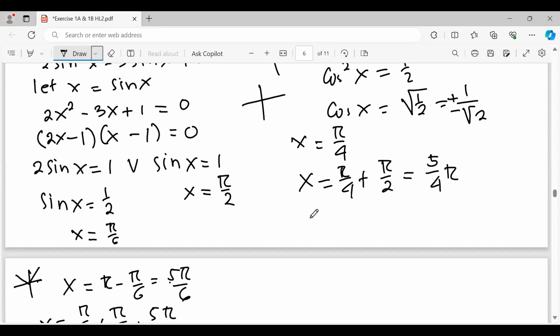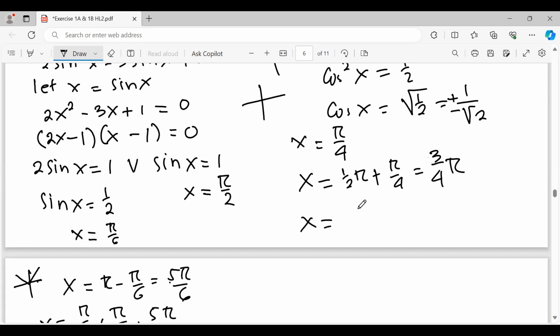Then after that, oh, sorry, not 5 over 4, because here first on quadrant 2, it is still plus, so it will be 3 pi over 4, not 5, sorry.